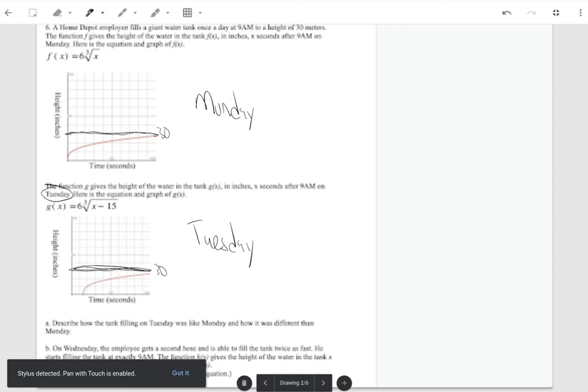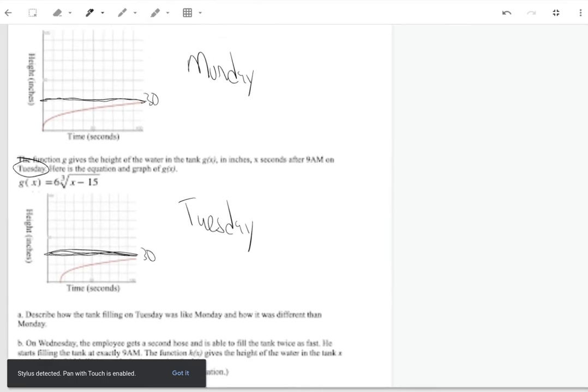Here's the equation and the graph of f of x. Part A, describe how the tank filling on Tuesday was like Monday and how it was different from Monday. So, first of all, notice these graphs look exactly the same, except it's just shifted over.